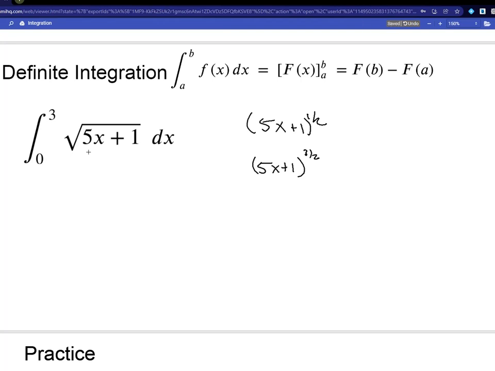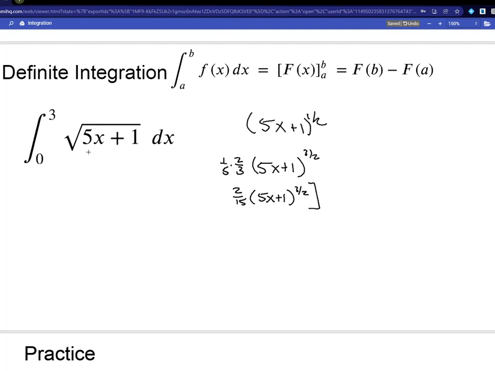Then what'd you do? I multiplied by the reciprocal. Then what'd you do? I took the reciprocal of 5x, which gave me 1/5, and I multiplied by 2/3. Is that what you got?